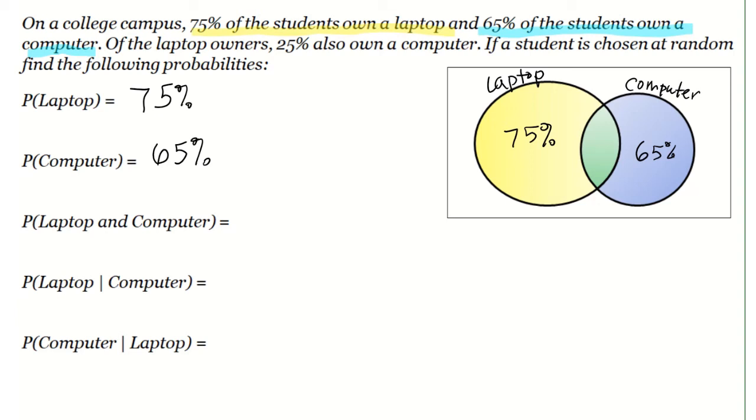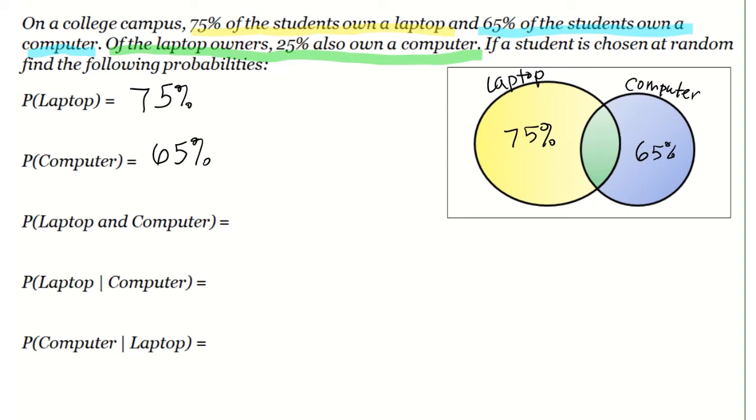Now the next question says, what is the probability of owning a laptop and a computer? And that's going to be this green intersection where our two circles intersect, the intersection between owning a laptop and a computer. And we can see the problem says of the laptop owners, 25% also own a computer. Now the way that this one is worded is a little tricky. If you're not paying attention, you're going to think that that intersection is 25%.